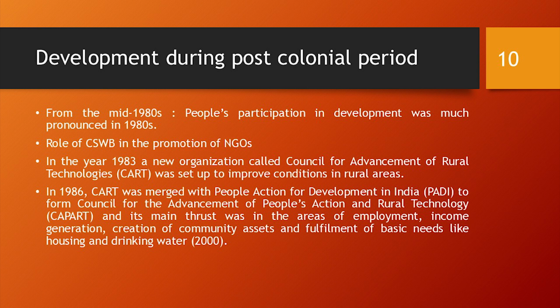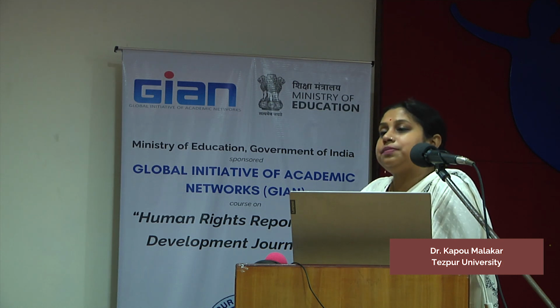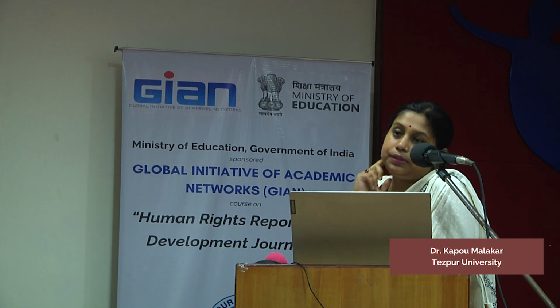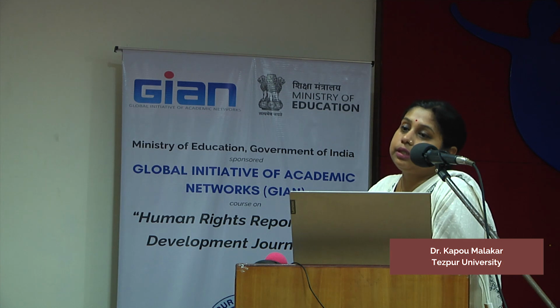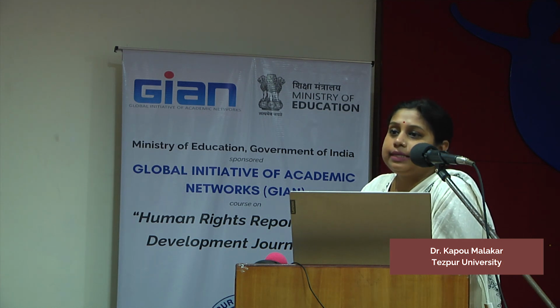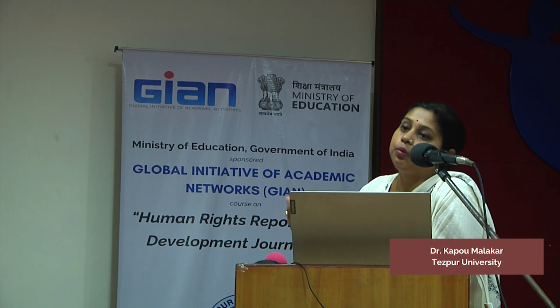We also get to see the establishment of the Central Social Welfare Board, which came in 1953, and for the promotion of the NGOs, basically they instituted the CSWB. The Central Social Welfare Board was instituted to provide financial assistance, technical guidance, supervision, and coordination of the efforts of the NGOs in the promotion of development, and especially rural development.